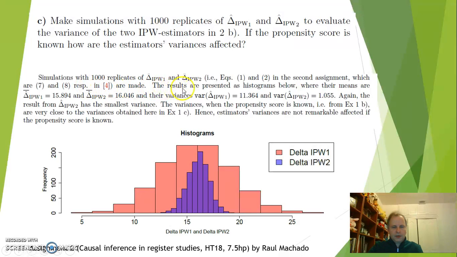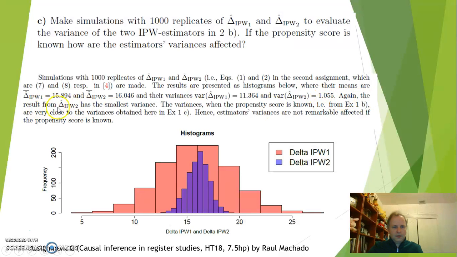Okay, the results are presented as histograms below, as you can see here, where their means are 15.894 and 16.046, and their variances are 11.364, and notice this is very close to the previous one, 1.055.